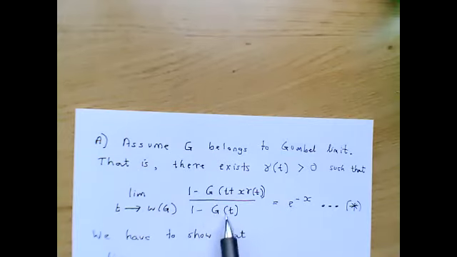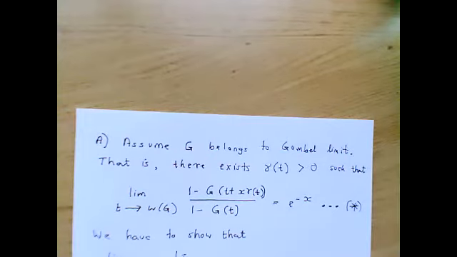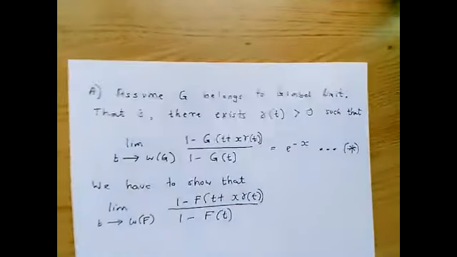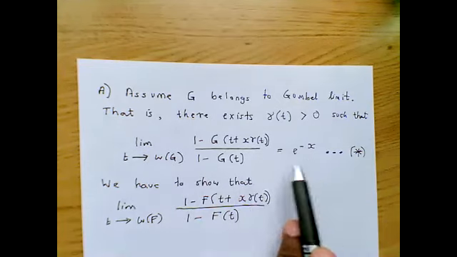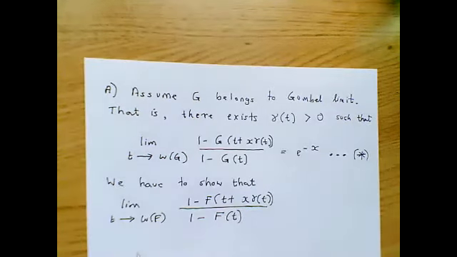Replace G by F in the equation star, and you will get the same limit, or at least the same type of limit. That's what I'm going to show you: that the limit of this is the same as the limit of this, at least of the same type, right? So if we can show that, then I would have shown that F also belongs to the counter limit, right?